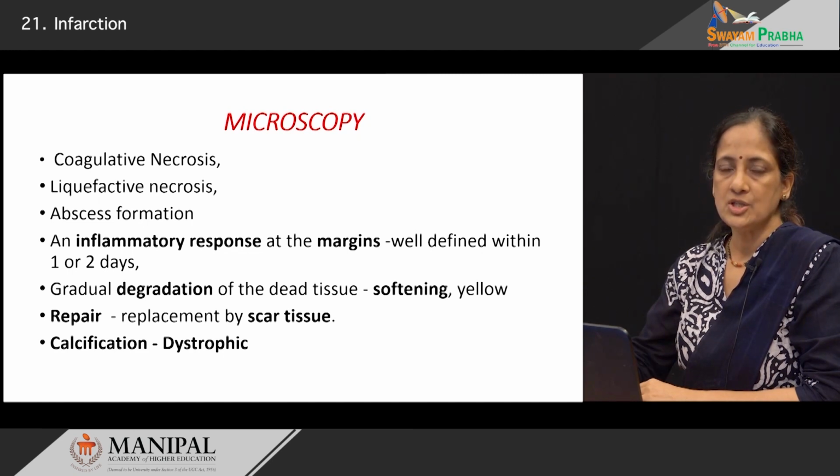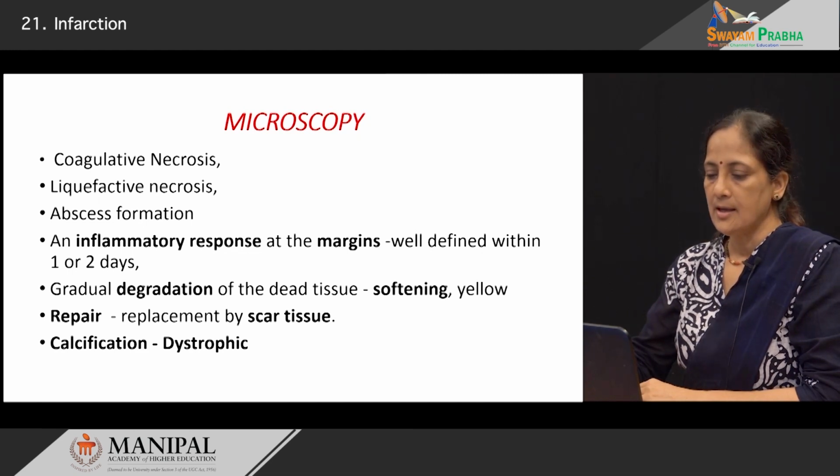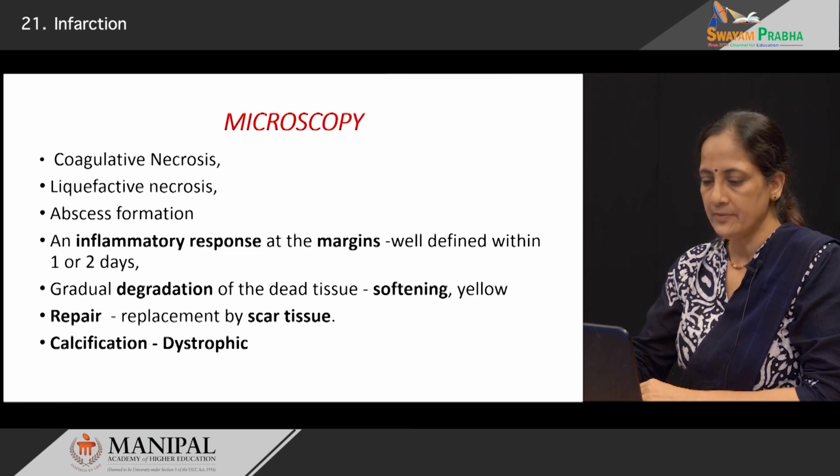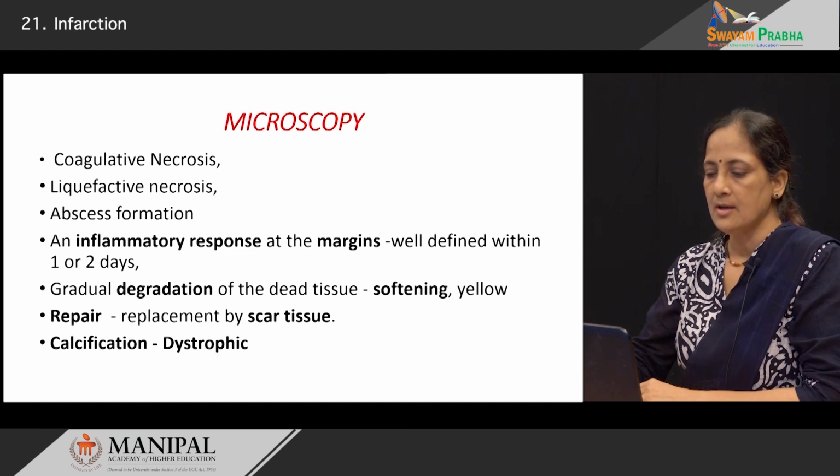At the margins, after 1 to 2 days of infarction, an inflammatory response develops, resulting in a hyperemic border. Gradually, the necrotic tissue in infarcted areas is phagocytosed and replaced by macrophages and neutrophils that phagocytose the cellular debris. During this period of necrosis and degradation, the infarcted area becomes softened and yellow. Granulation tissue grows in from the periphery of the infarcted area.